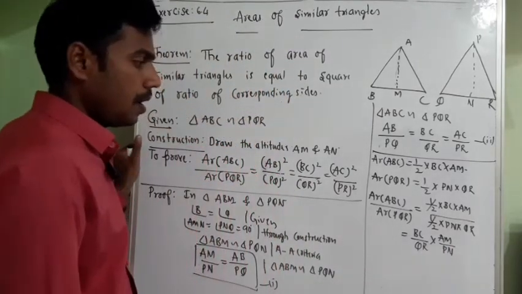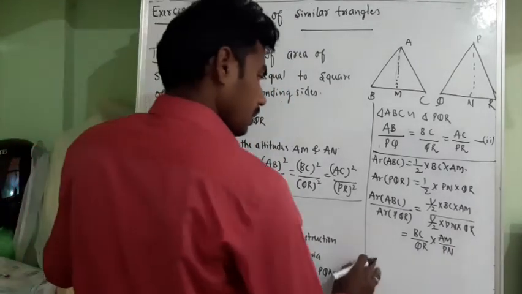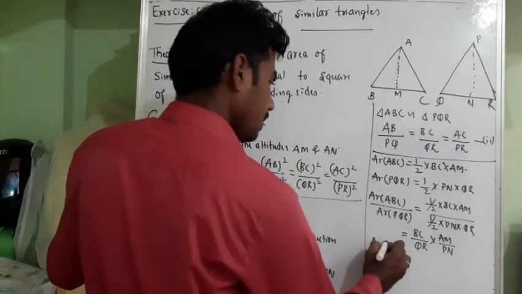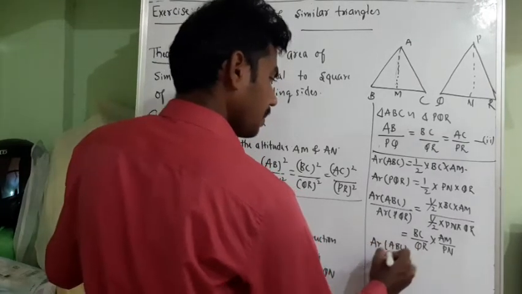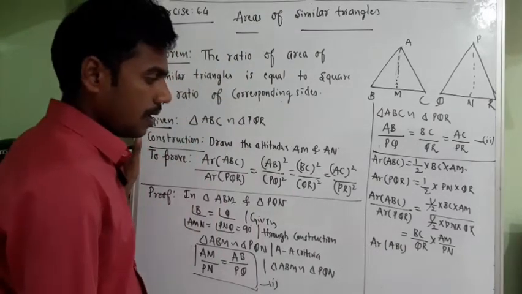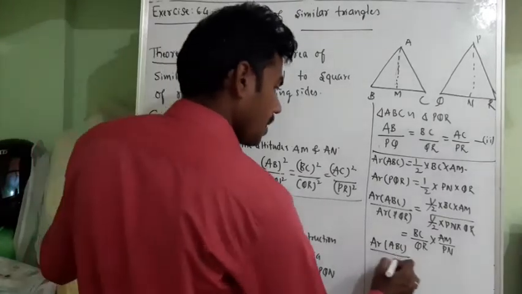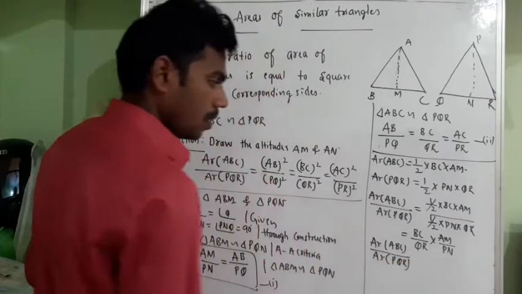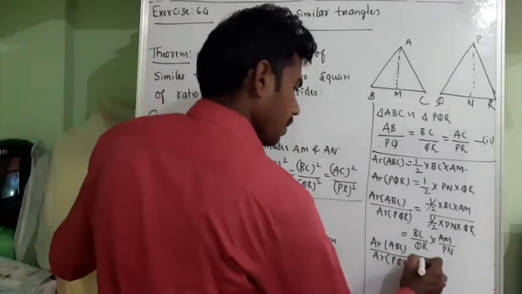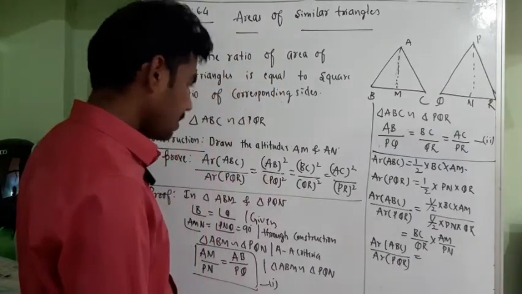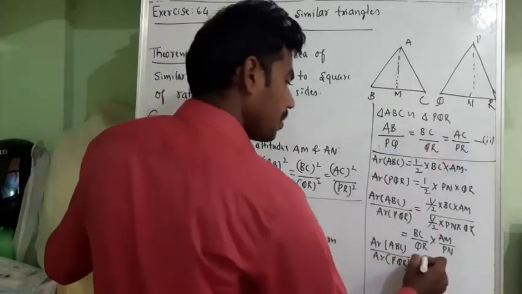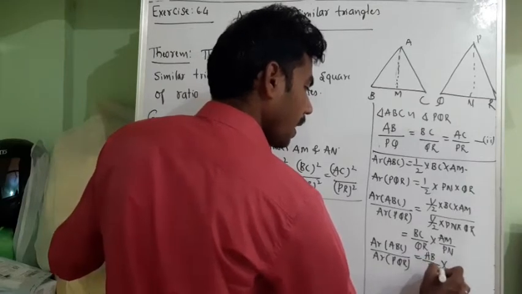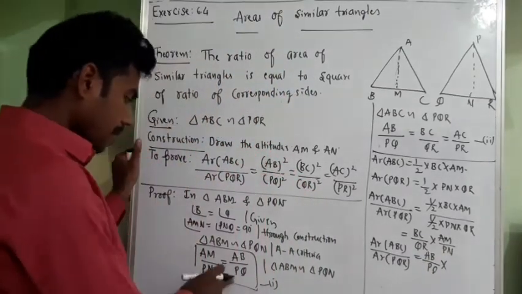Now, area of triangle ABC divided by area of triangle PQR is equal to BC by QR, which can be written as AB by PQ, and AM by PN can be written as AB by PQ.